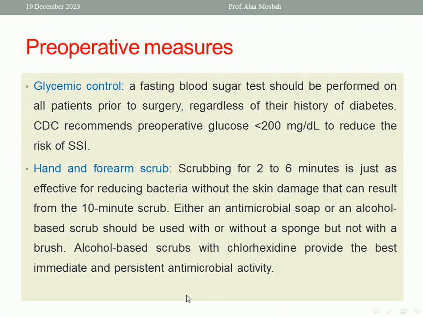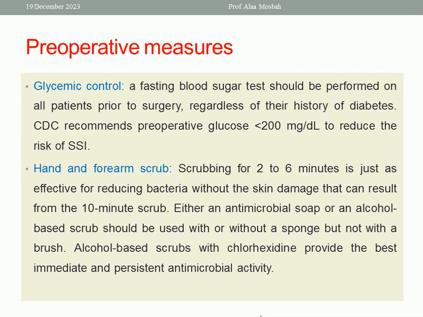Next, in preoperative measures is hand and forearm scrub. Scrubbing for 2 to 6 minutes is just as effective for reducing bacteria without skin damage that can result from the 10-minute scrub.